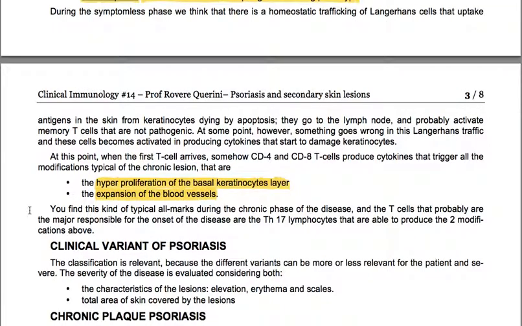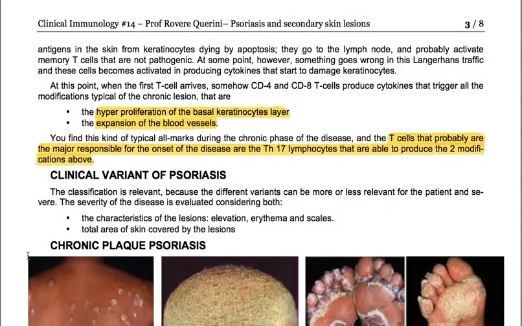You find these typical hallmarks during the chronic phase of the disease, and the T cells that are probably the major responsible for the onset of the disease are the Th17 lymphocytes, which are able to produce the two modifications above: hyperproliferation of keratinocytes and expansion of blood vessels.